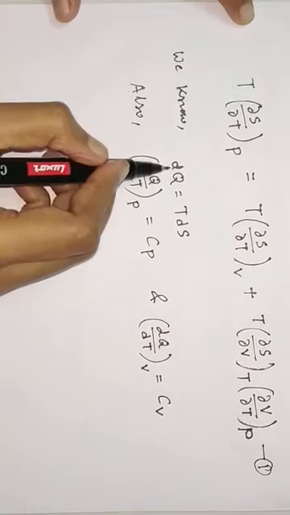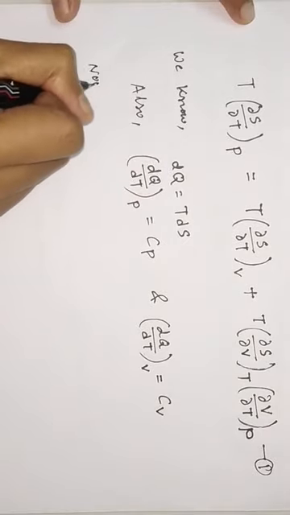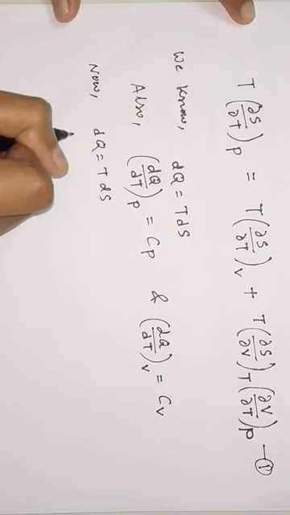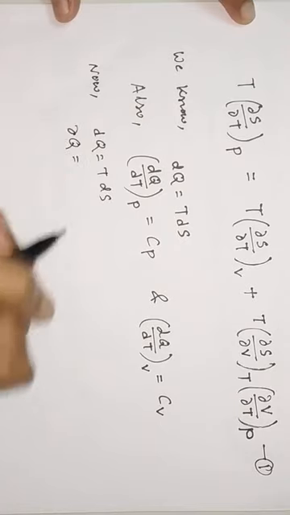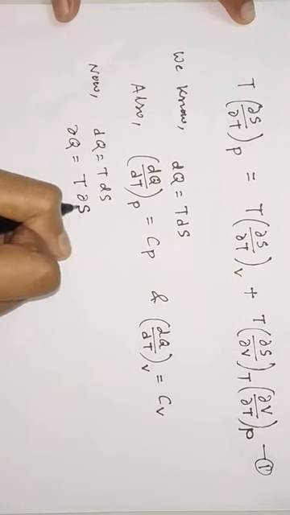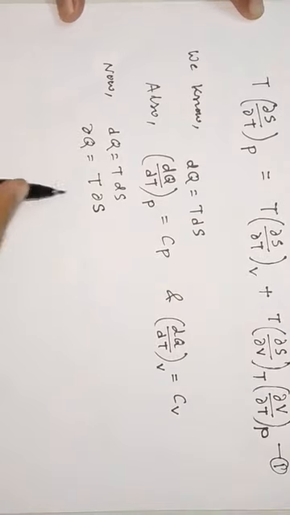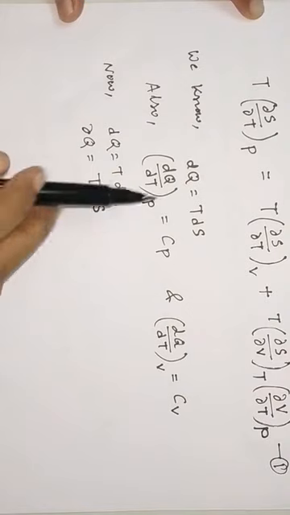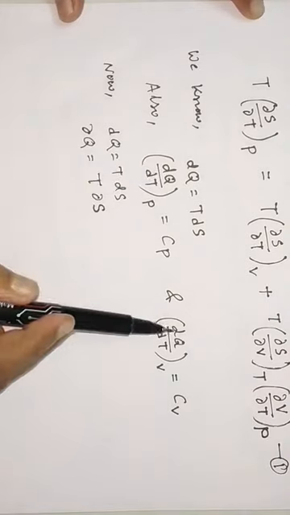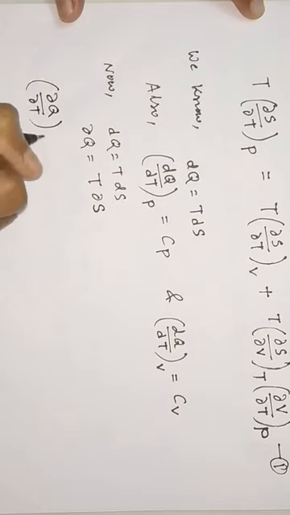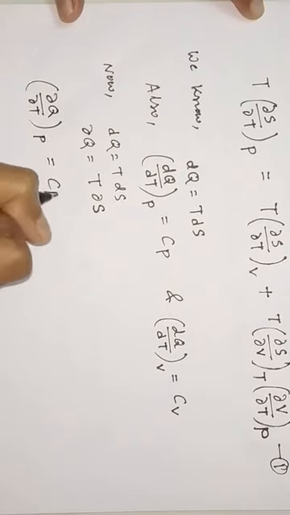Now as dq equals TdS, if I write del q, then it will be T del S. So if I replace dq by del q, then del q/del T at constant P will be Cp.